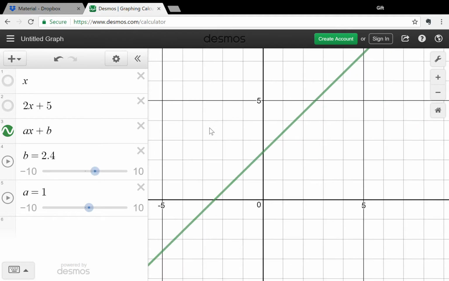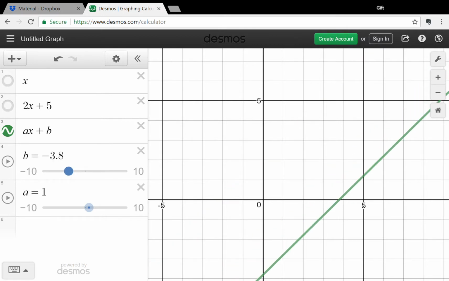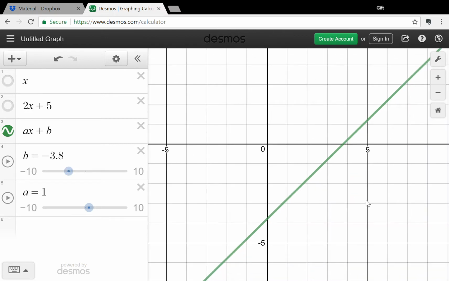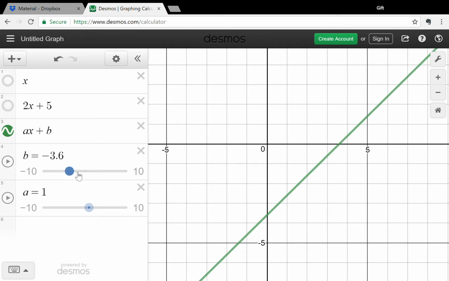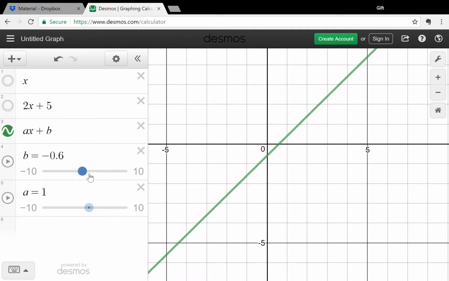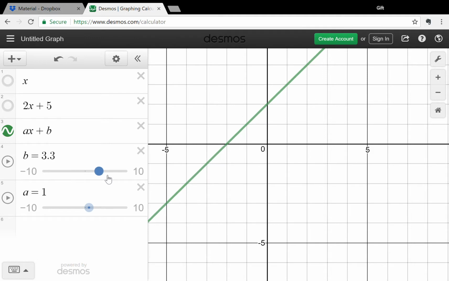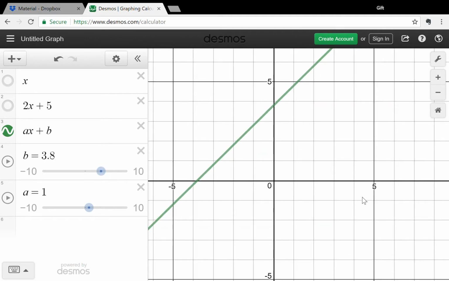As I change my value of b, my graph is going to have the same slope, but where it intersects the y-axis is going to be the same value as b. So here it is around negative 3.8, so that makes sense. When it gets closer to 0, you should see that it crosses the y-axis at the origin. And when my b is positive, it's going to intersect the y-axis where the y value is positive. Let me just leave it at, let me see, I would like an integer better. Okay, so that's 4, so that makes sense.